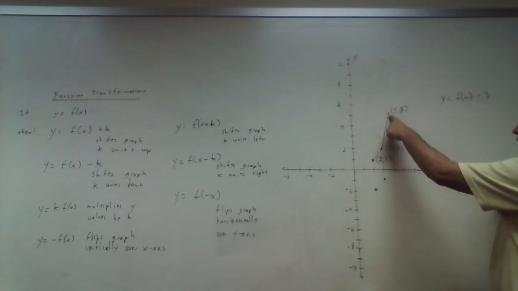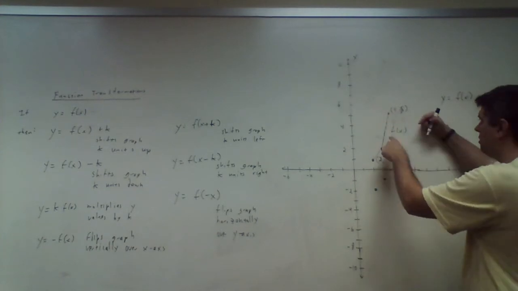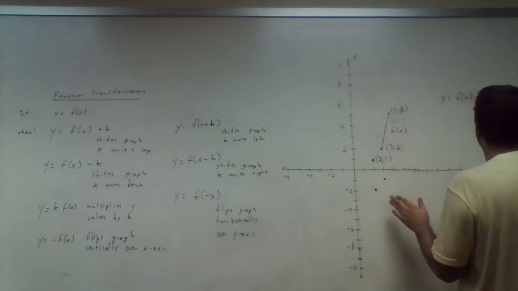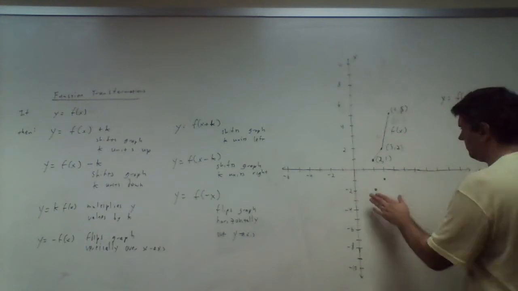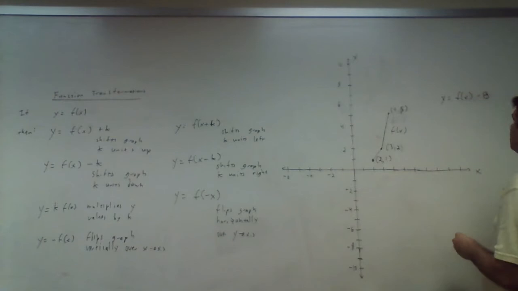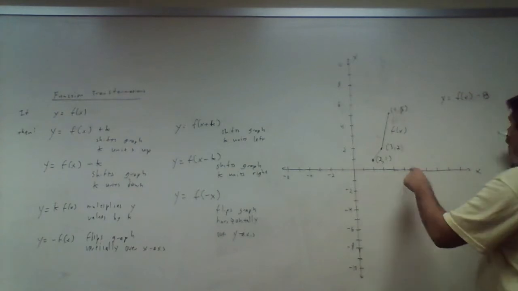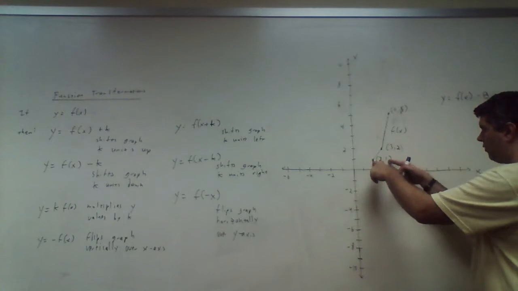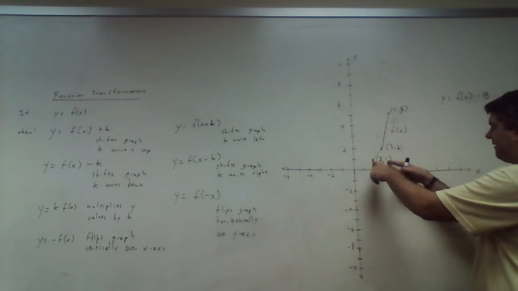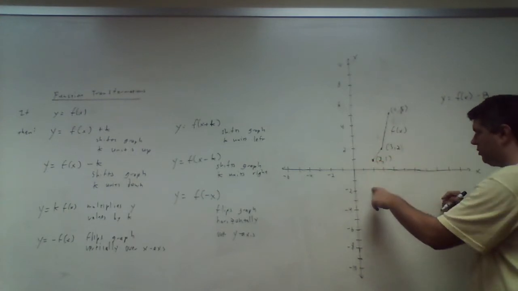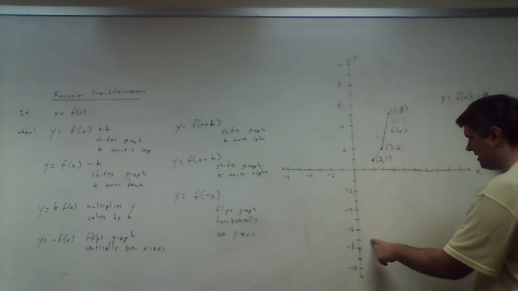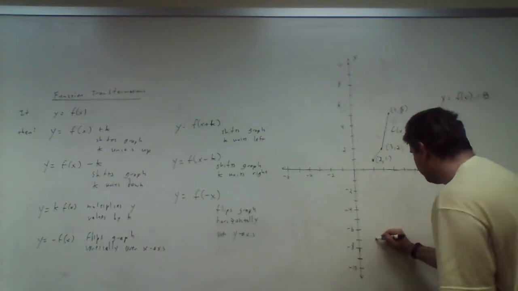Now, that's not really a good idea. Let's try 8. So we're going down 8 units. From 1 take away 8 is negative 7. So 1, 2, 3, 4, 5, 6, 7, 8. So we have 2, negative 7.